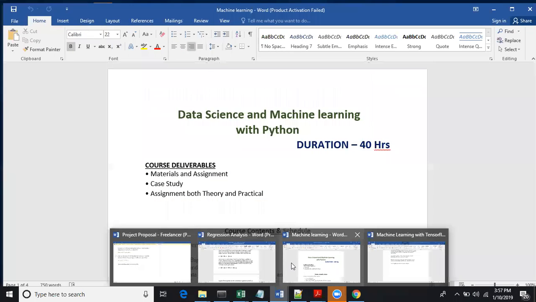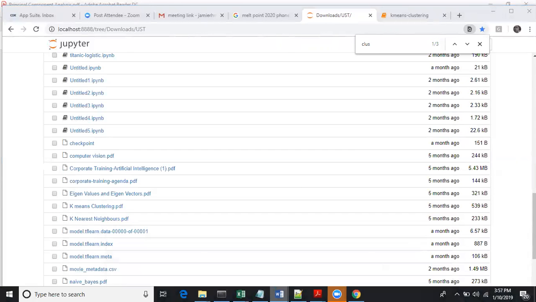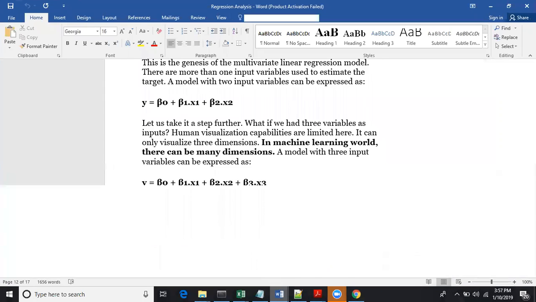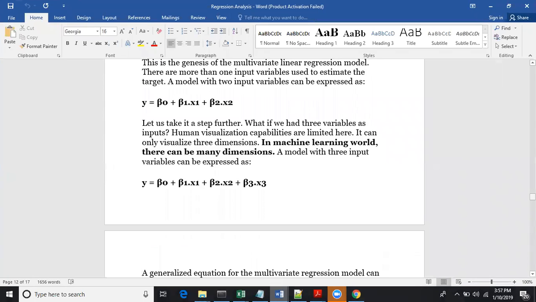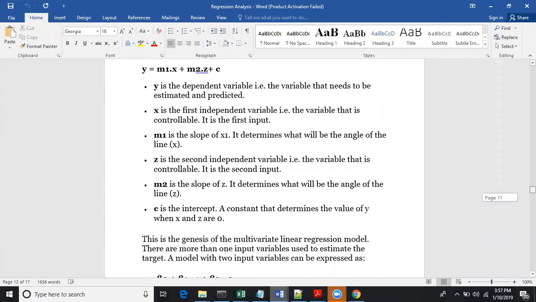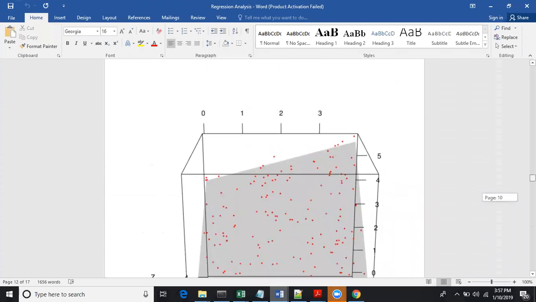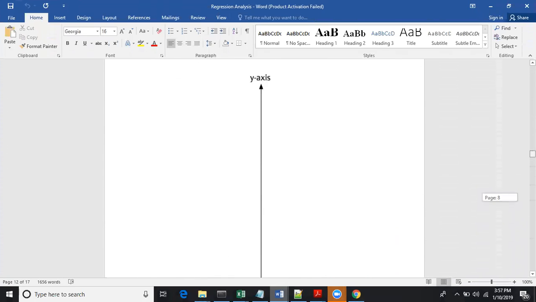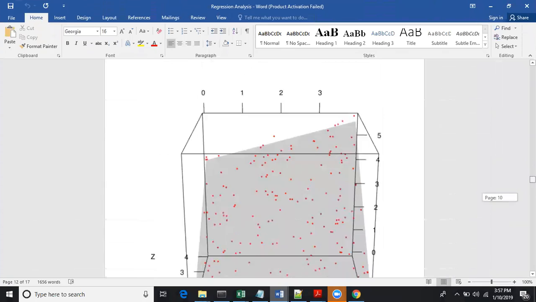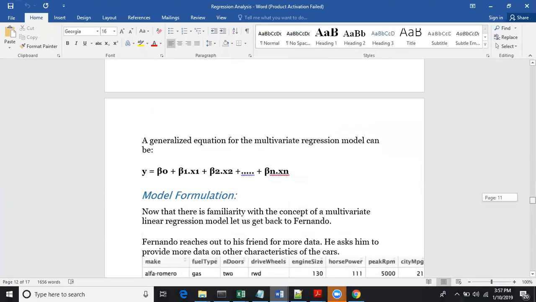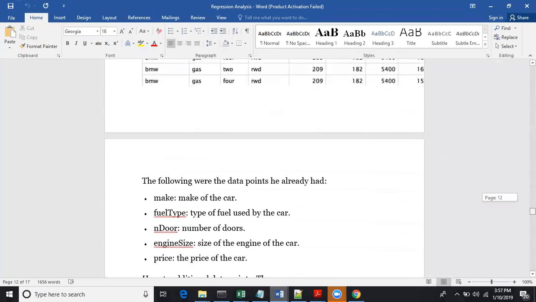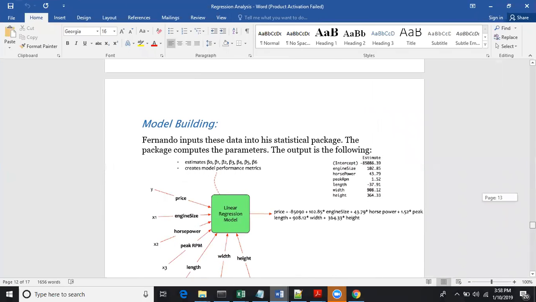Let me check it out here. The problem is that execution performance is very slow, and the computation is very high, because we have many dimensions, meaning columns.